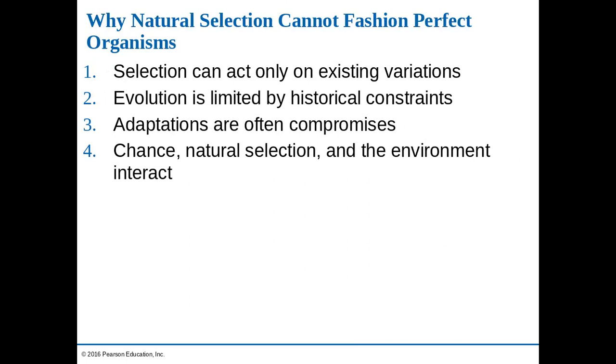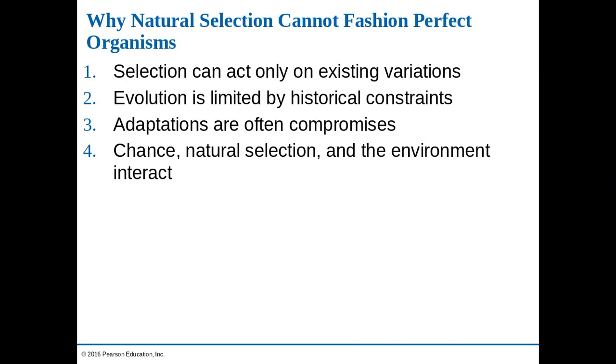So we're never striving for perfection or an ideal. Also important to note that adaptations are often compromises. One adaptation that may be beneficial may result in the loss of adaptations that might be beneficial in a different environment. And there's no perfect organism because a lot of it is related to chance.